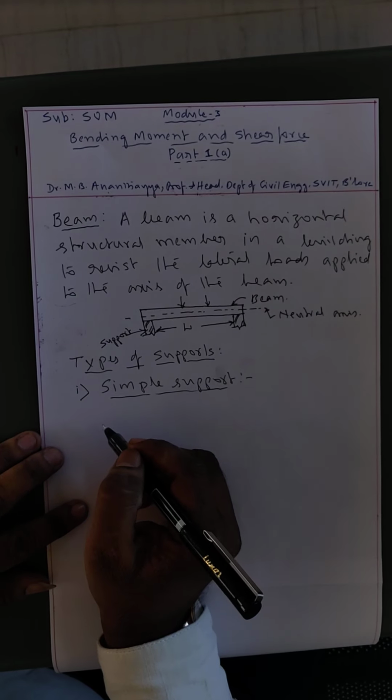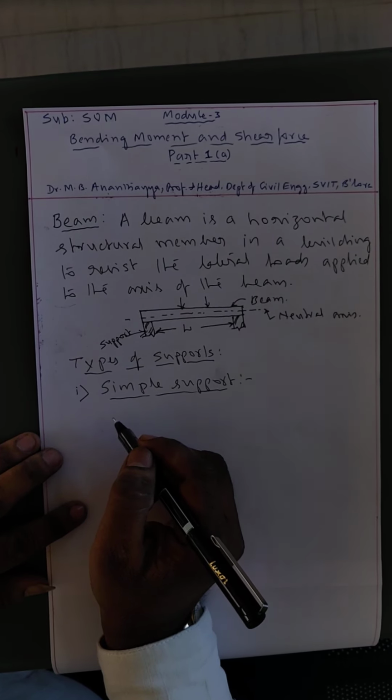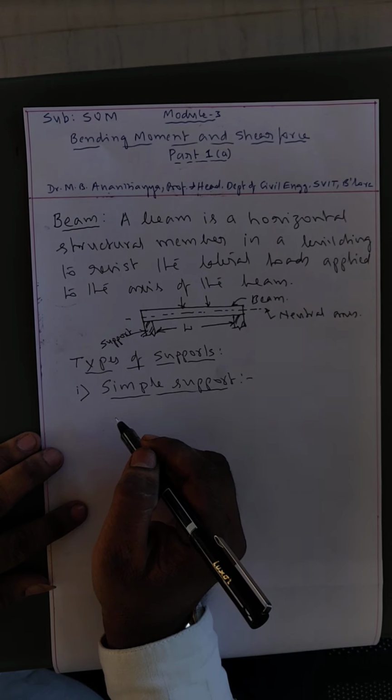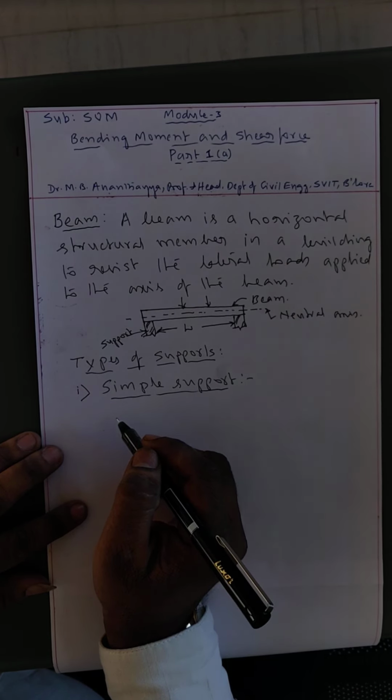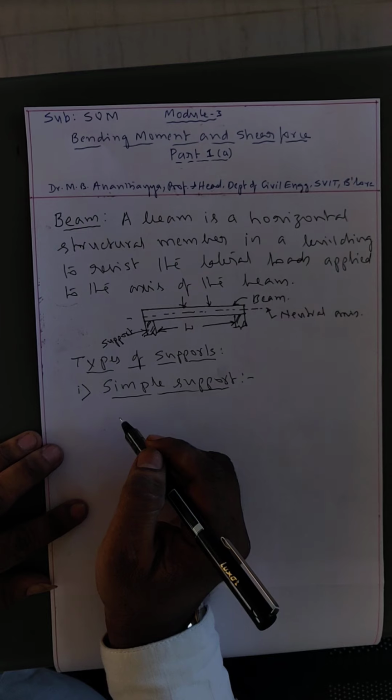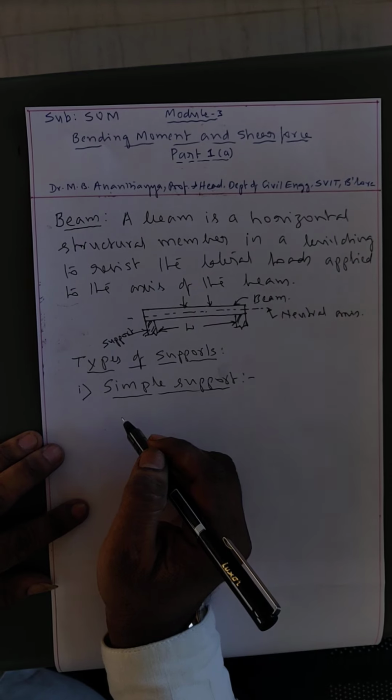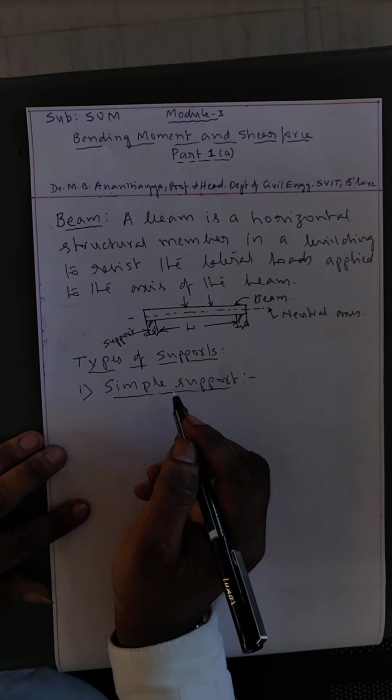The support for a beam on knife edges at points A and B, as shown in the figure. This type of support develops only vertical reactions VA and VB.